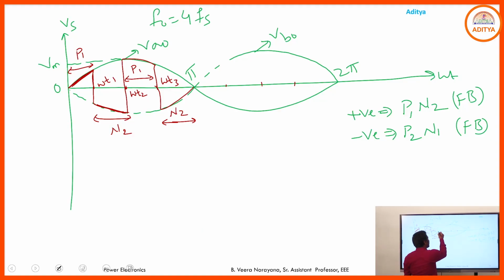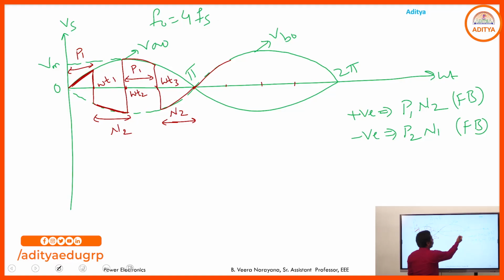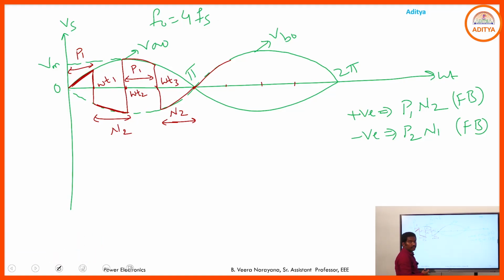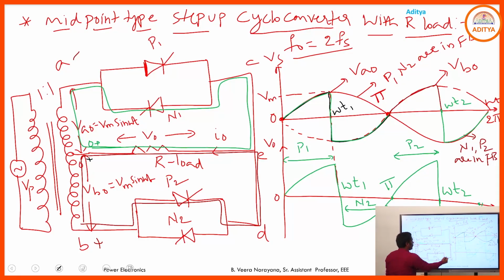So at omega t is equal to pi, we provide the gate pulse to the P2. Then we follow the, here, what is the required voltage? Positive voltage. During the negative half cycle, P2, N1 are in forward bias. So if you want to collect this positive voltage, then you need to provide the gate pulse to which one? Yes, P2.